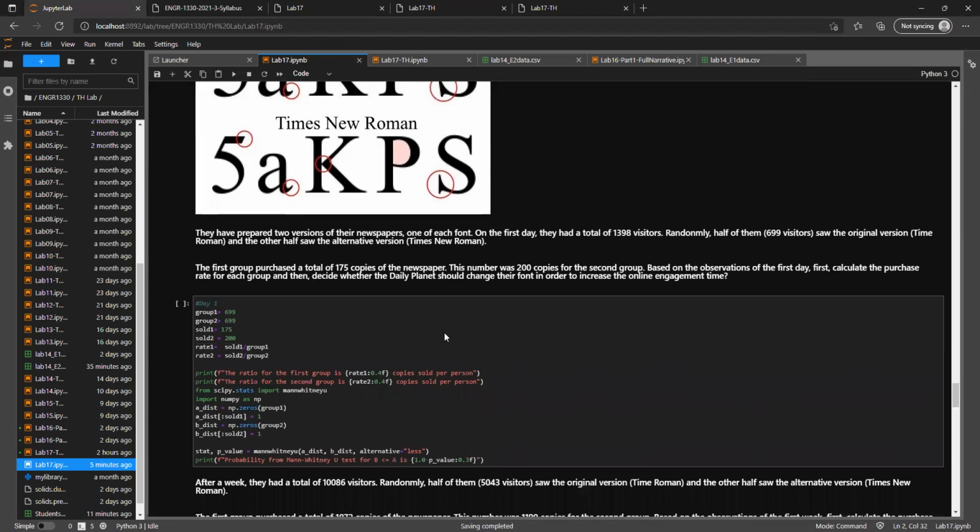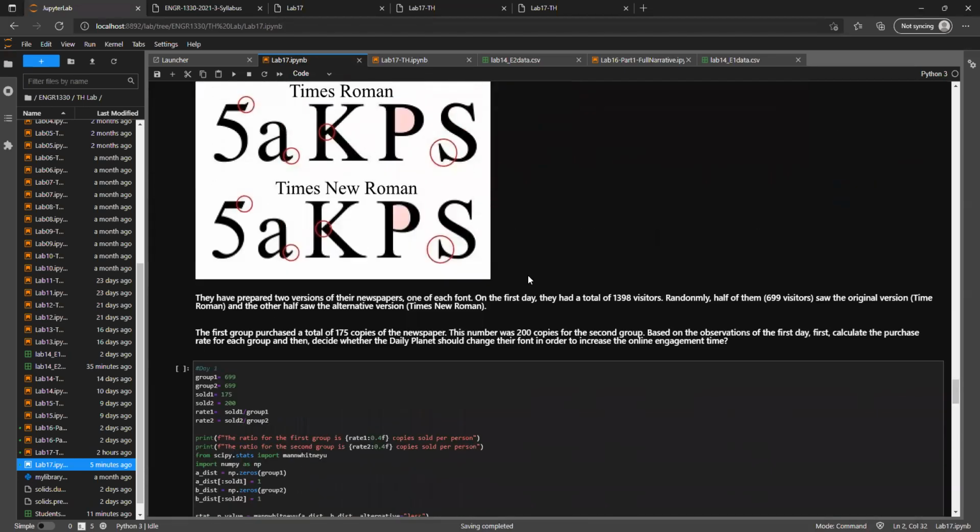They prepared some samples and they collected the data for us. They went out and randomly gave half of the people one version and the other half the other one. And then they see how many people from those two groupings actually purchased a newspaper.